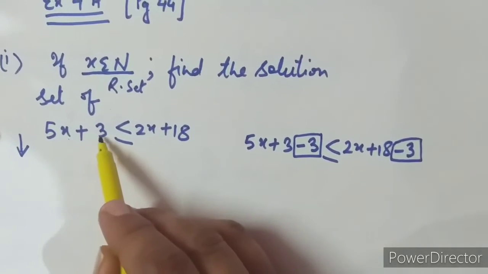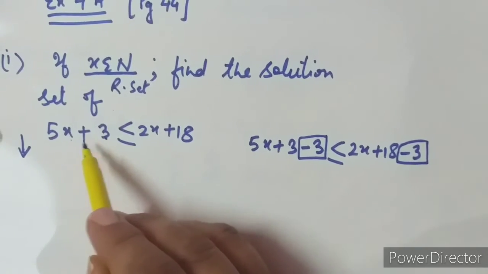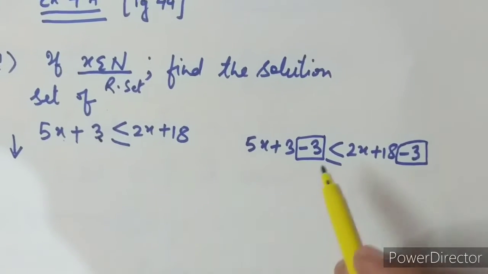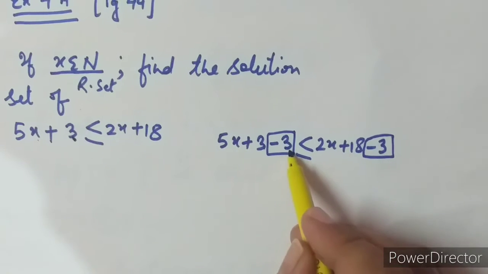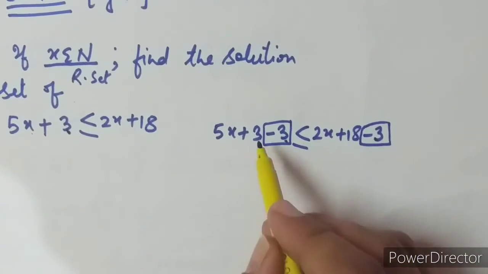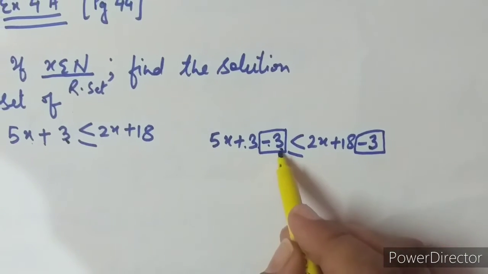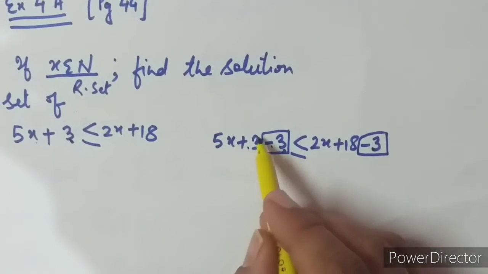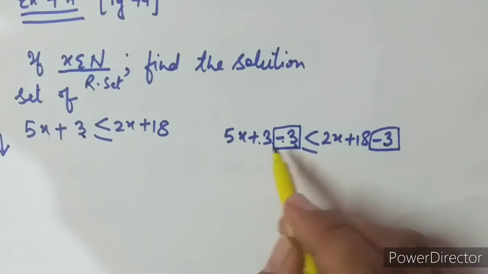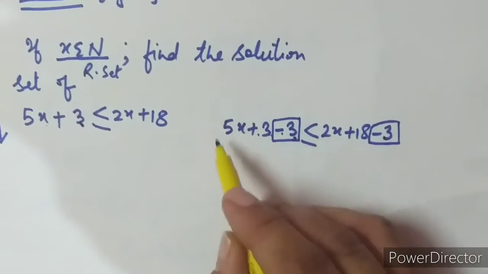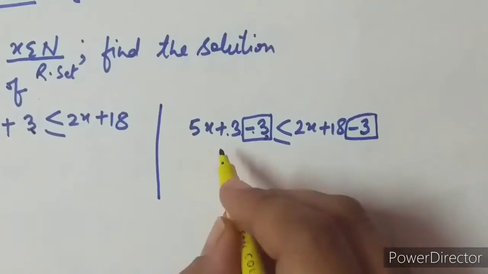First of all, we have plus 3 here. So in order to remove plus 3, we have to add minus 3 on both sides, so that plus 3 and minus 3 get neutralized, and finally we get rid of this plus 3 from the left hand side of the inequation.